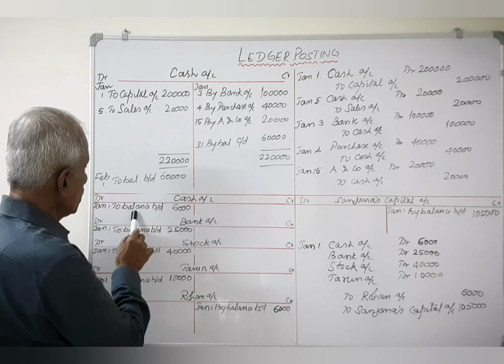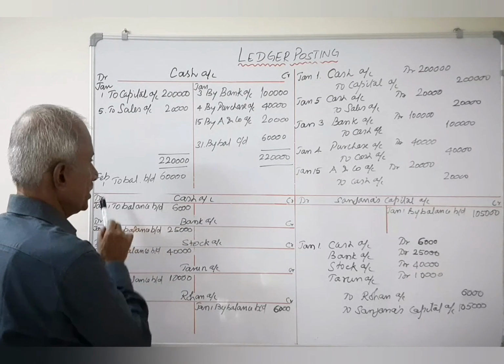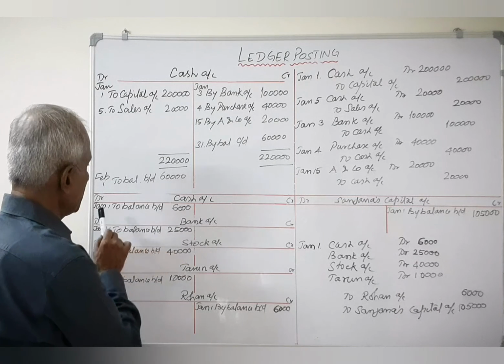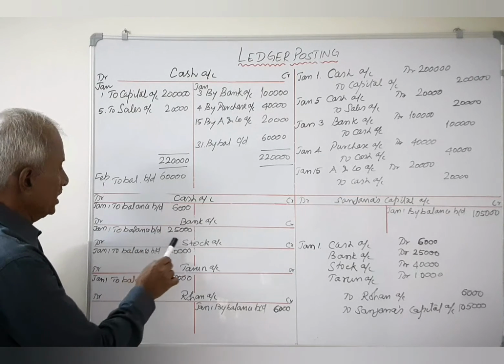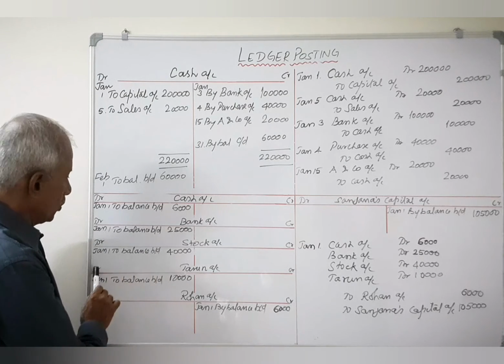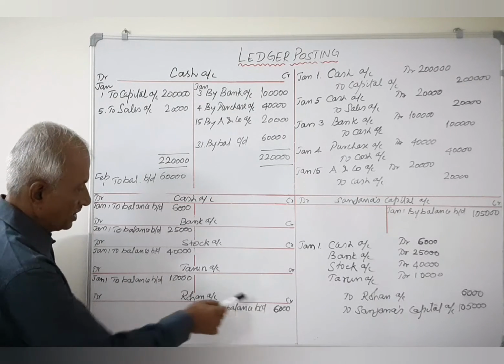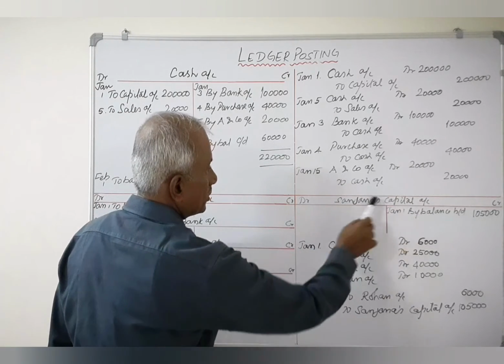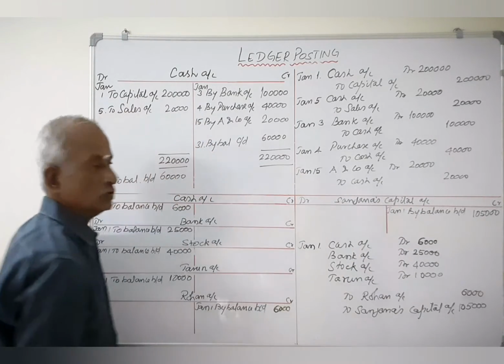So balance brought down debit side, so cash account debtor. Brought down debit side, bank account debtor. Brought down debit side, stock account debtor. Brought down debit side, Tarun account debtor. Brought down credit side, so to Rohan account. Brought down credit side, to Sanjana's capital account.